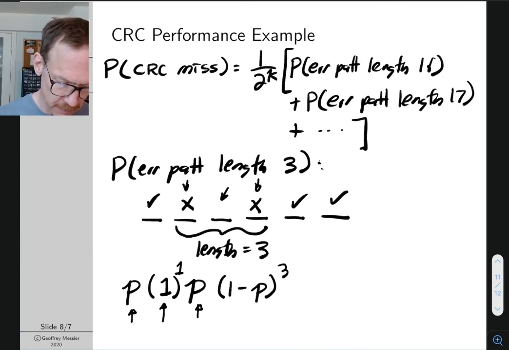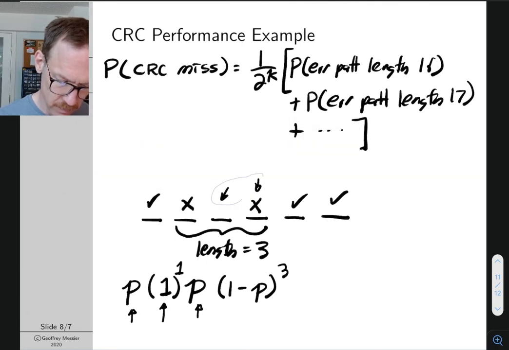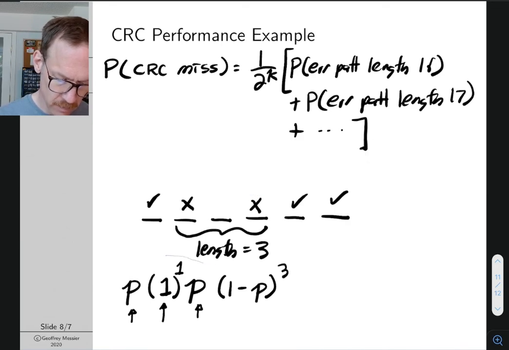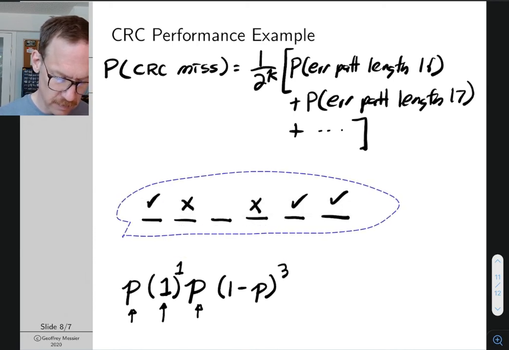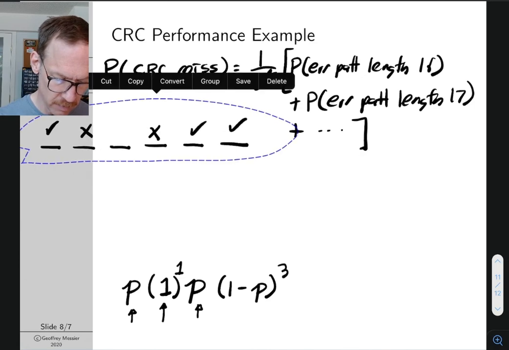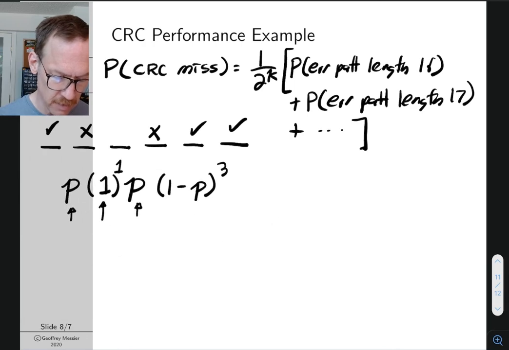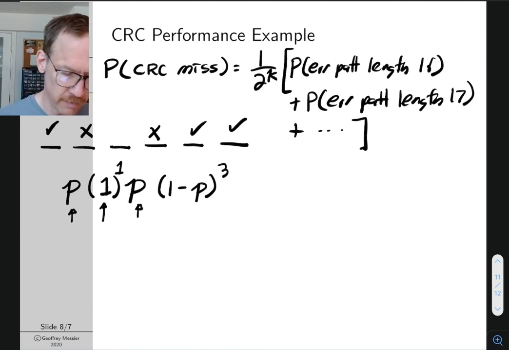Again, kind of cleaning this up a little bit here. Okay, so I'll move our error pattern over here and our specific expression over here. So let me write a general expression for the probability of having a certain number of bits bad in our frame.